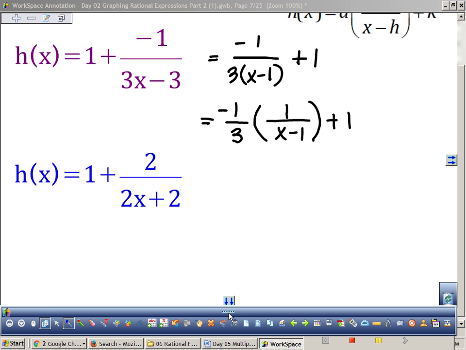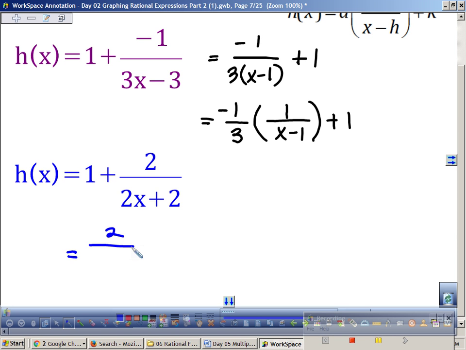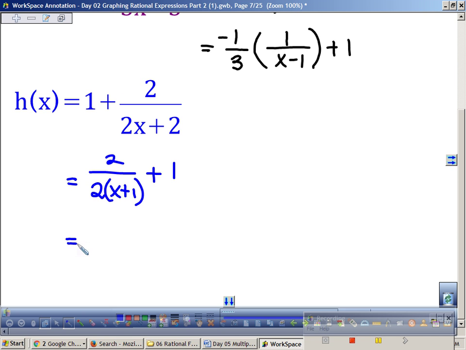I'll use blue this time. Okay, I'm going to go this way this time. All right, so I've got 2. I'm going to put the 1 behind, factor out a 2, and then put the 1 here. Then I'm going to factor out that 2 in the denominator, and at the same time, I'm going to factor out a 2 in the numerator as well.